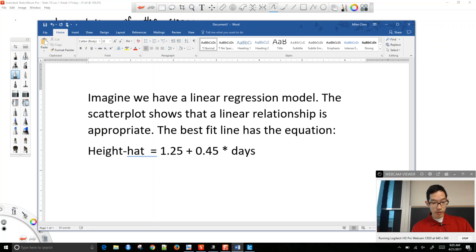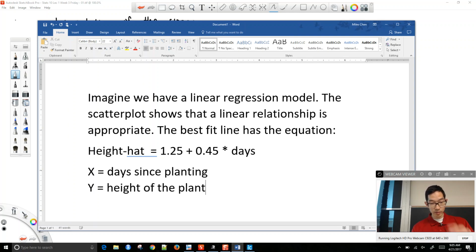The x is days since planting, and y is height of the plant.